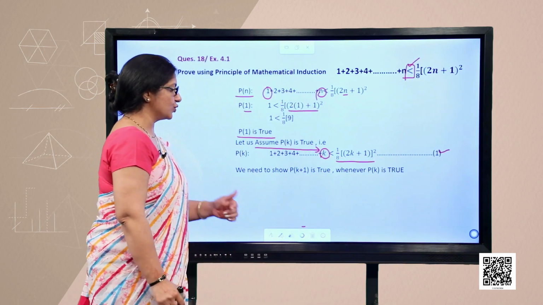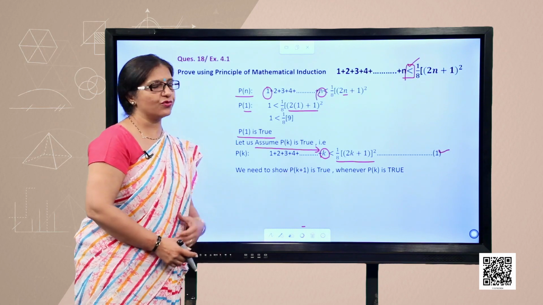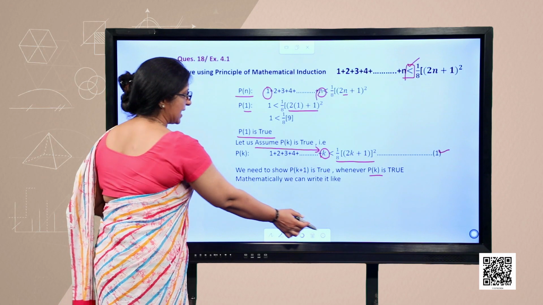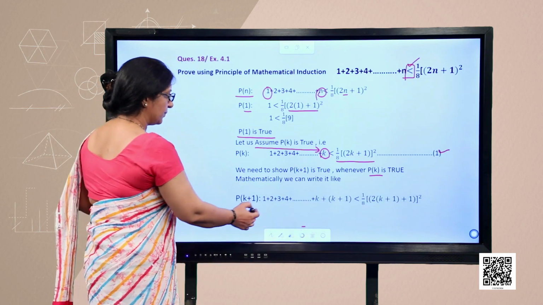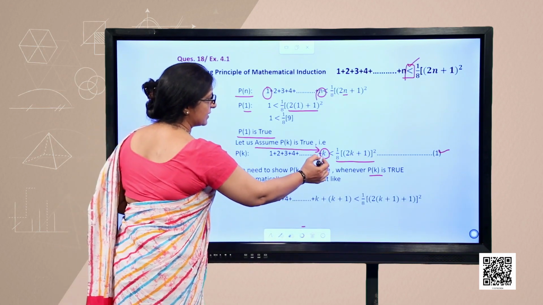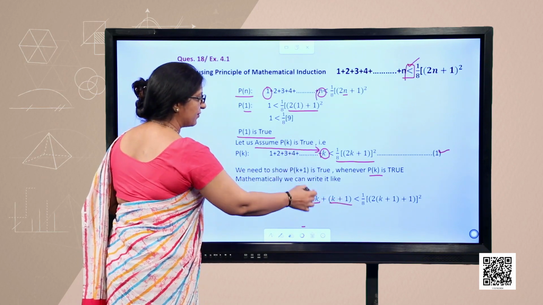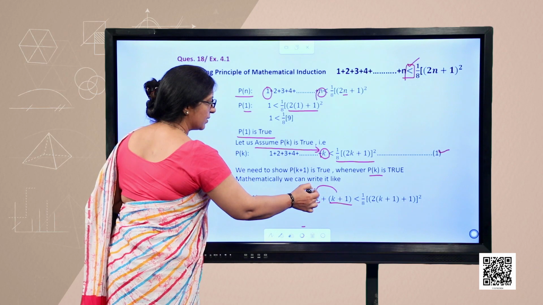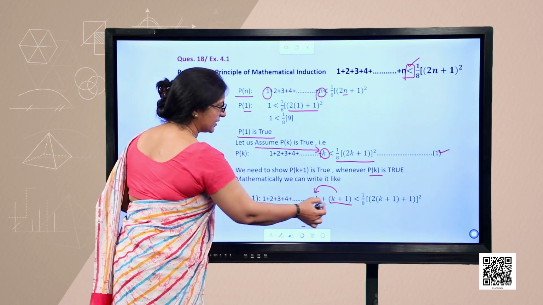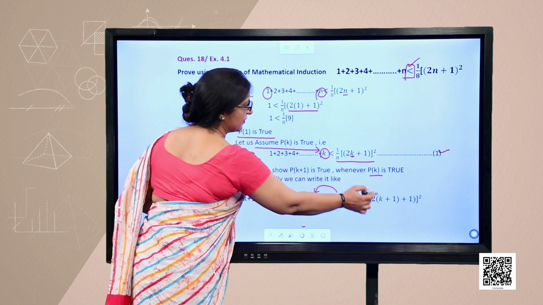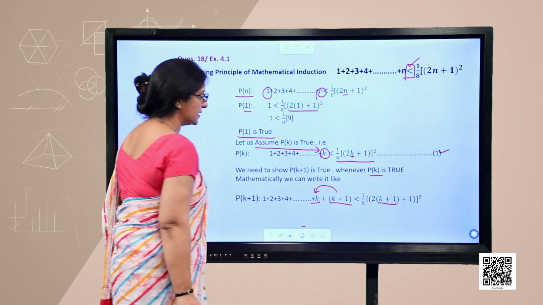Now, we need to show that Pk plus 1 is true whenever Pk is true. We will write Pk plus 1, just replacing the term k by k plus 1. Here we have written one term previous to k plus 1 because this was the k plus 1th term and this is the kth term. And in the same way here we will replace k by k plus 1.